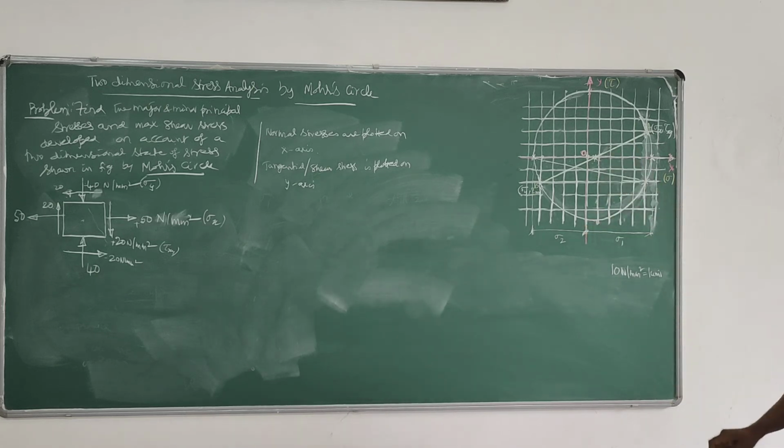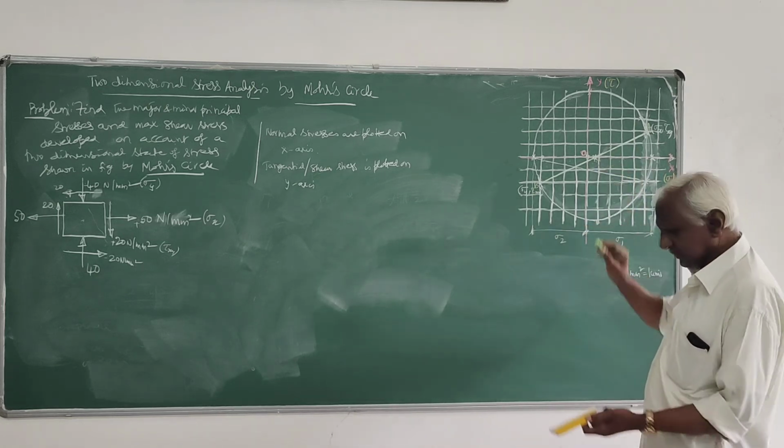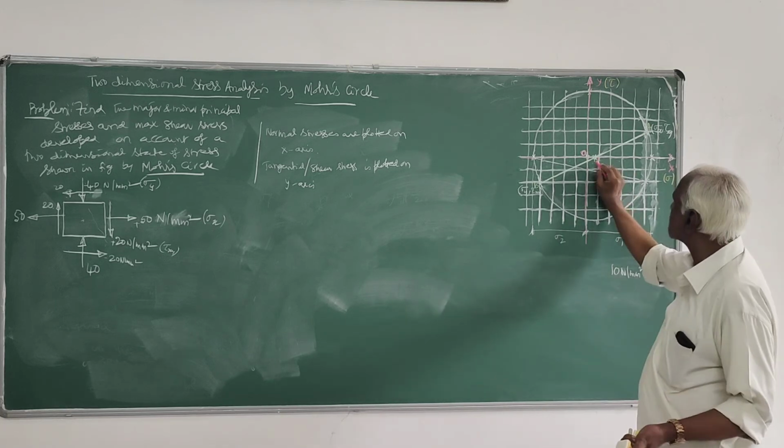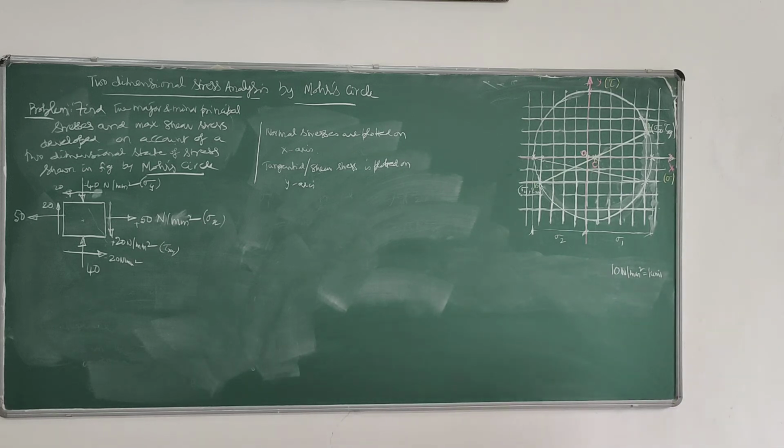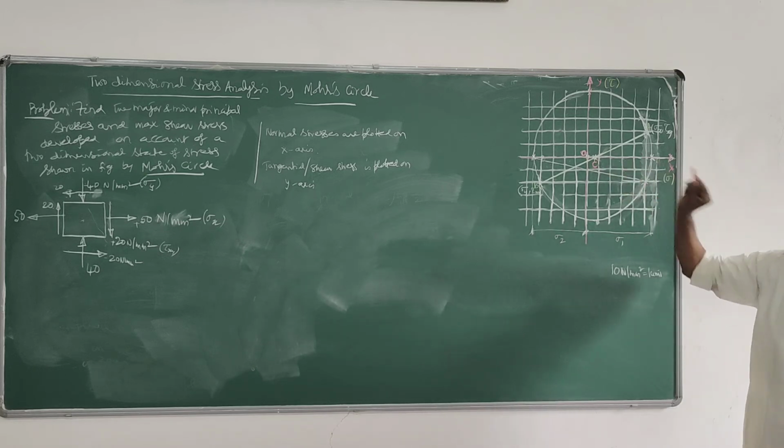That is the center of Mohr circle, C. That is called the center of Mohr circle, which is nothing but sigma x minus sigma y by 2, whole square, plus tau xy square, square root. That is the center. Theoretically you can derive.